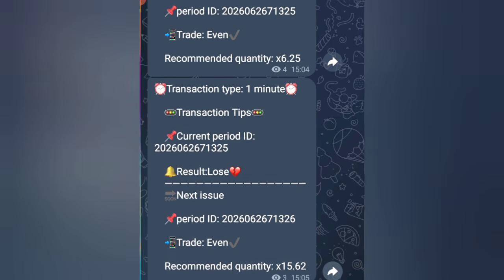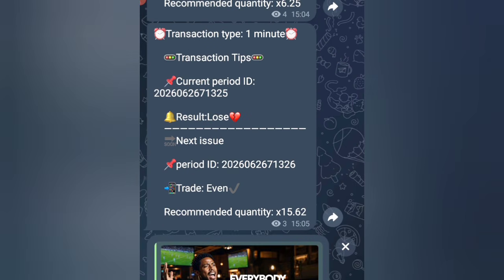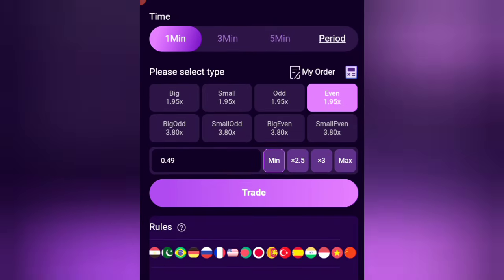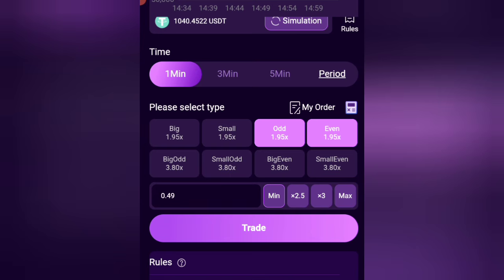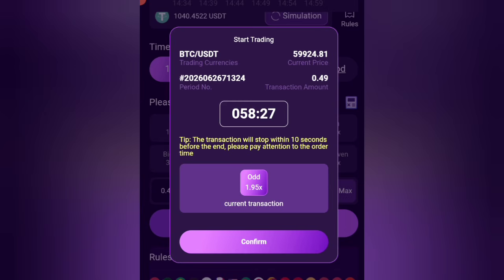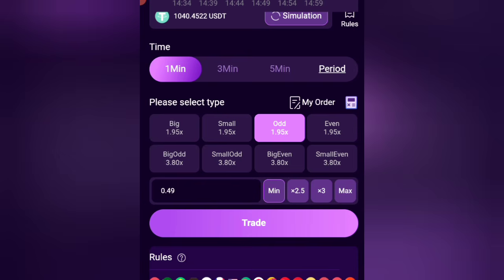Let me check again because of the time. They have changed it. It's now odd 327. Trade odd 327. That's the current trading that is happening now. And I'll click on confirm.